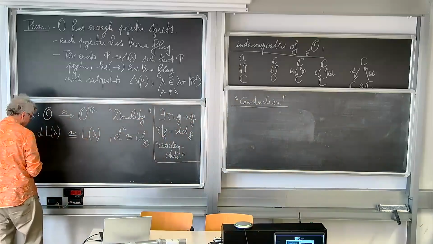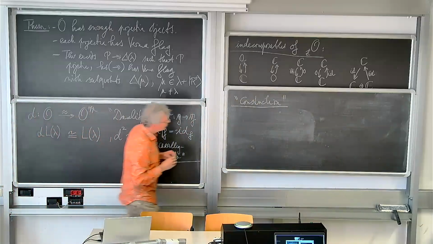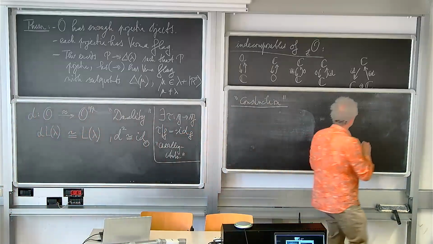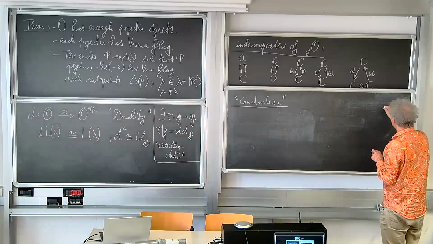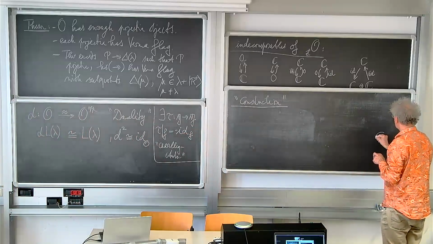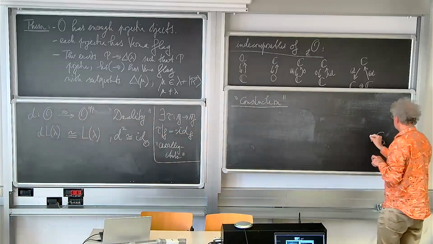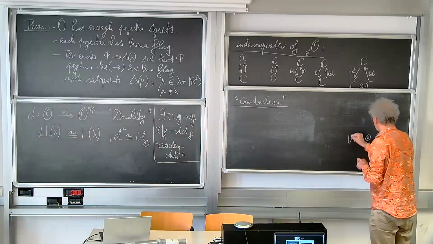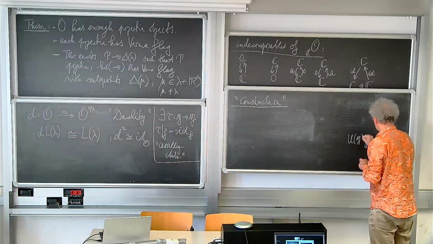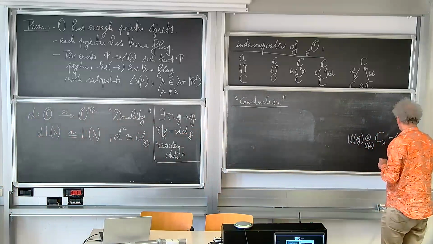Namely, what we should do: well, we have this Δ(λ) tensor U(b) U(b), this is our Verma module.